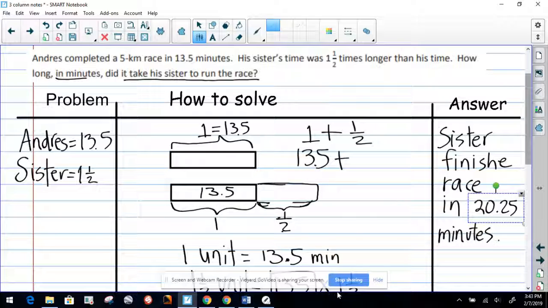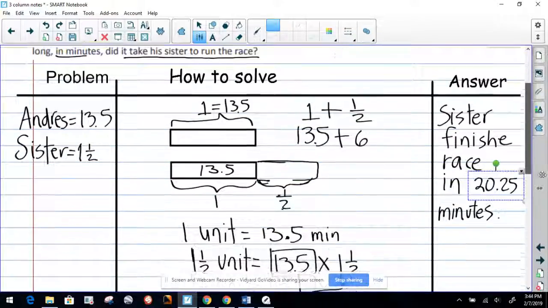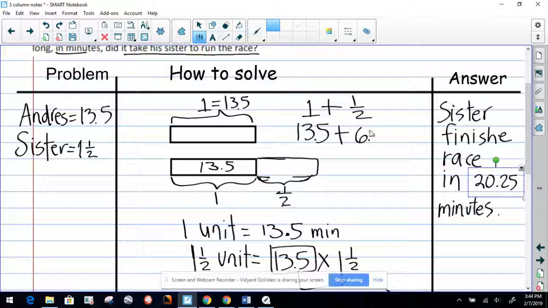And half of that will be, just like we did it on that division, half of that will be 6 and 75 hundredths. Let me just check quickly. When you add that up, it's going to be the same number that he gave us on the bottom. There's going to be 20 and 25 hundredths.